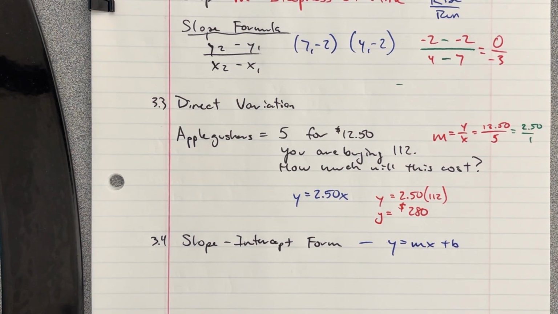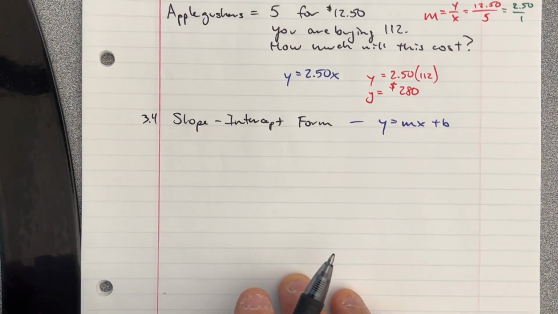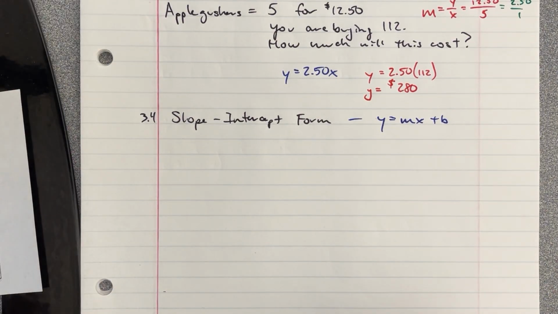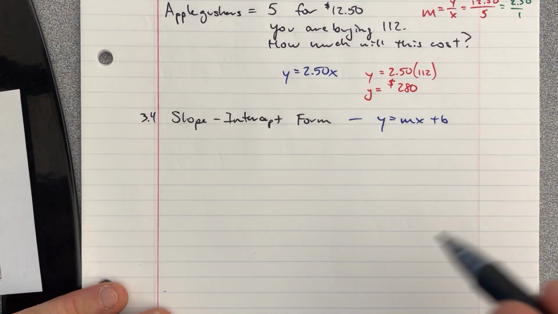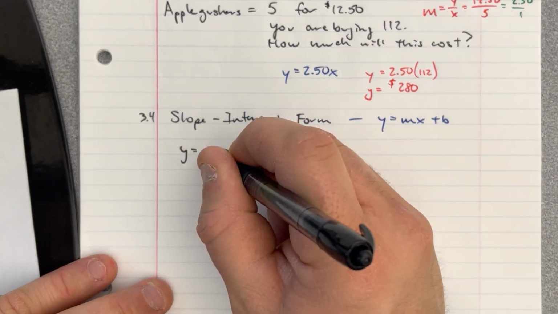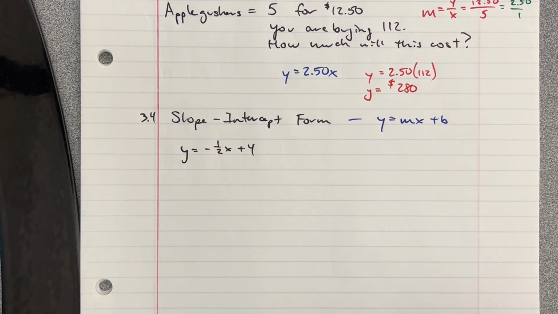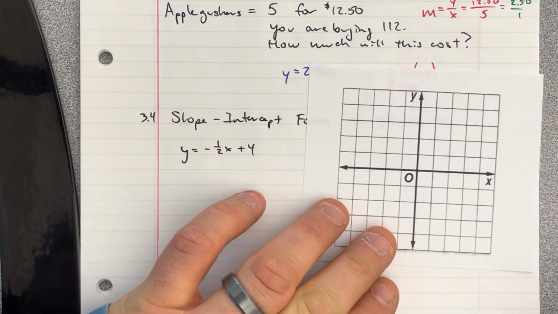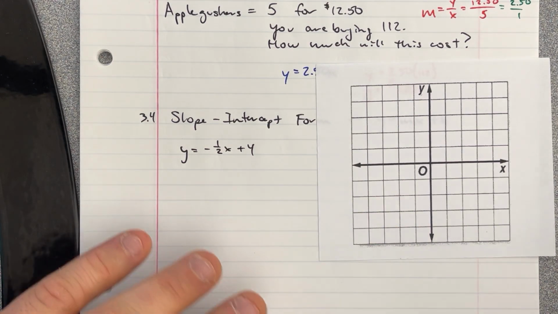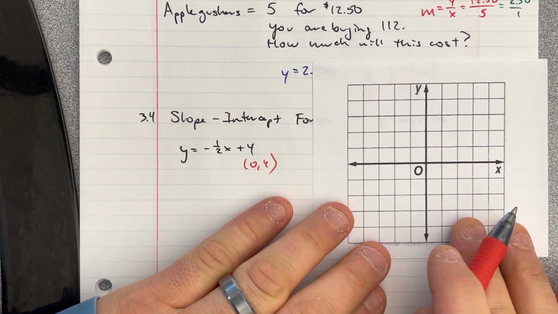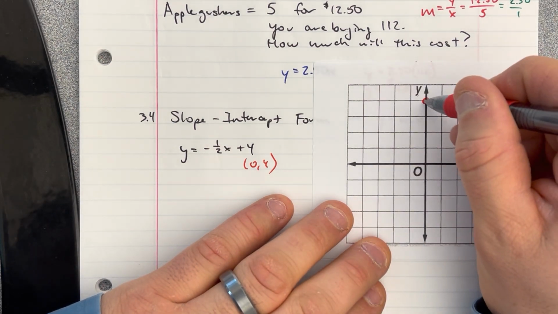All right, so if I were to give you some sort of equation, like, I don't know, y equals -1/2 x plus 4, and I wanted to graph this information, well, I'd want to find the y-intercept first, which I have right here as (0, 4). So I'm going to put that dot on my graph, over 0, up 4, wha-bam.